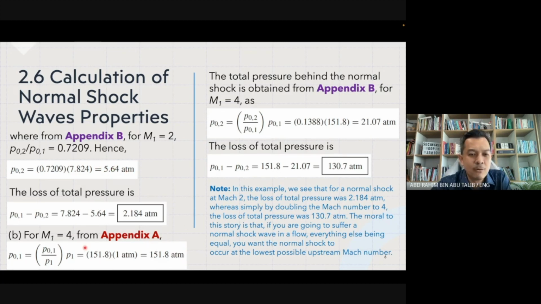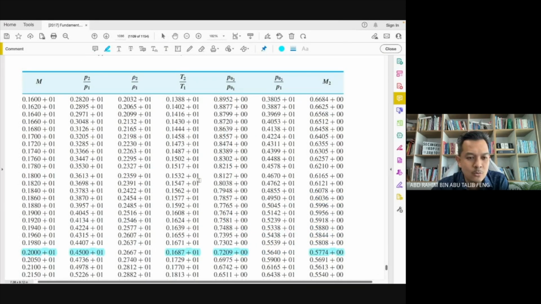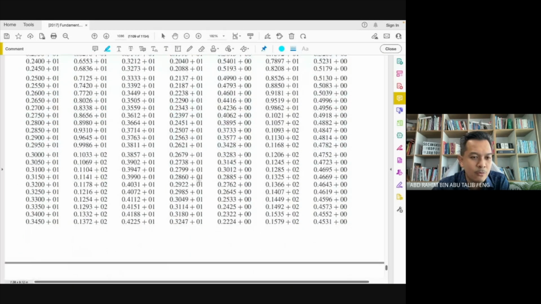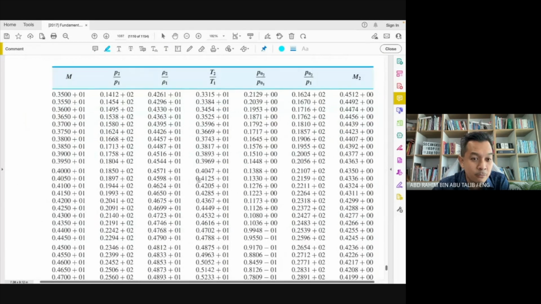Similarly for M1 equal to 4, for Appendix B you use the value 0.1388 for Mach number 4.